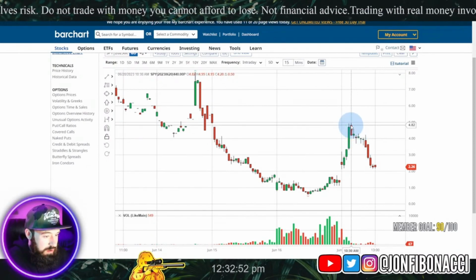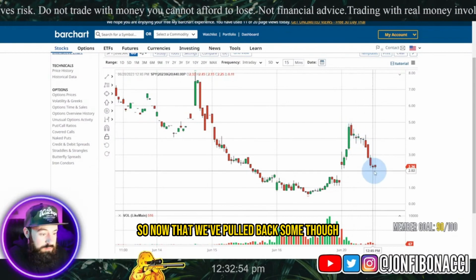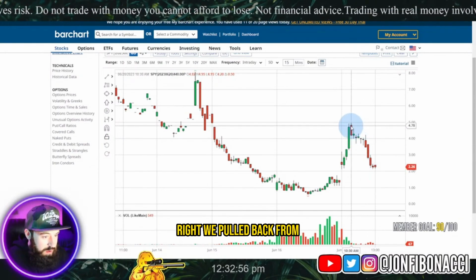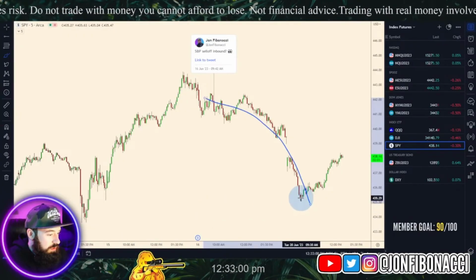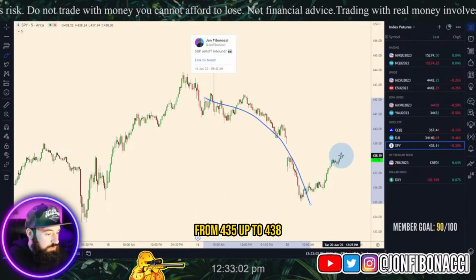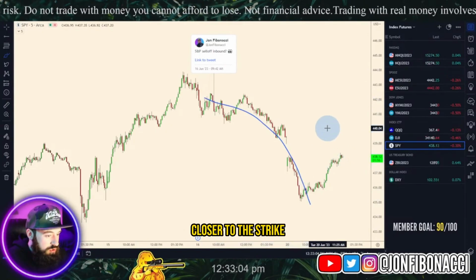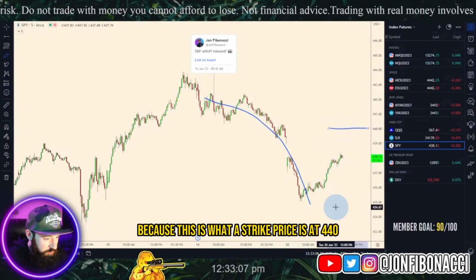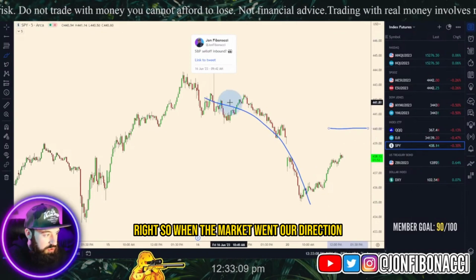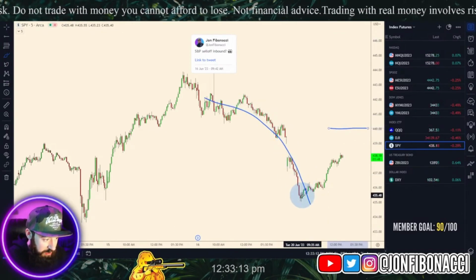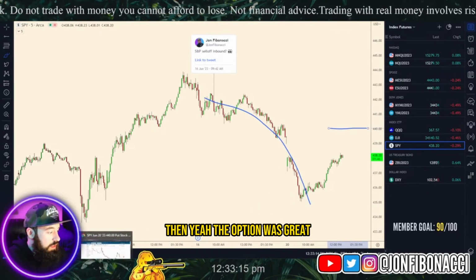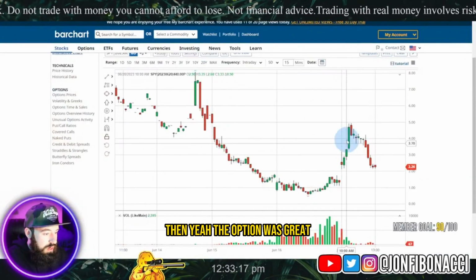I understand. So now that we've pulled back some though, let me look at the chart. From 435 up to 438, closer to the strike, because this is where the strike price is at, 440. So when the market went our direction aggressively and violently, then yeah, the option was great.